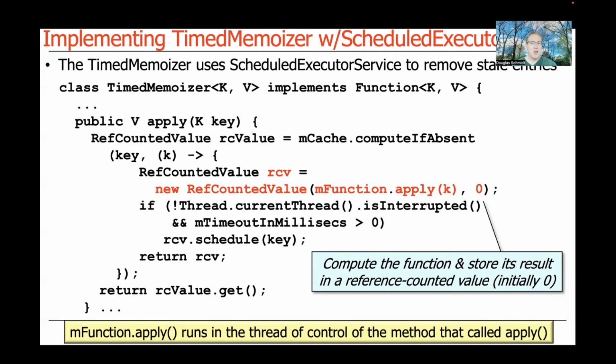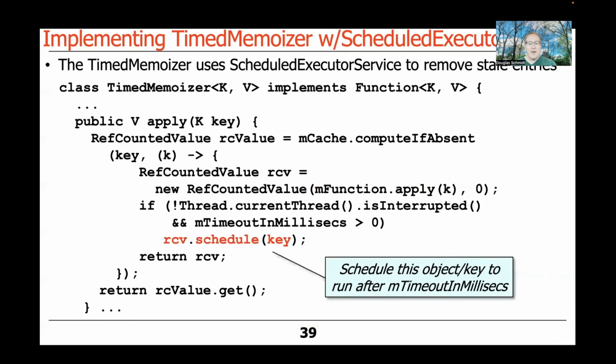This lambda expression is going to be called if somebody looks for a key that isn't yet in the map. So this function will go ahead and apply the function, which for our case study would do prime number computations, but could be whatever. And it'll store that in the map initially with a ref counted value of 0. So this apply method runs in the thread of control of the method that calls apply.